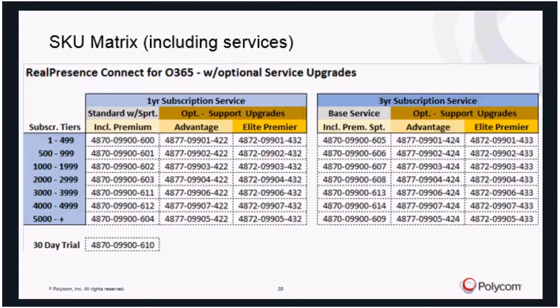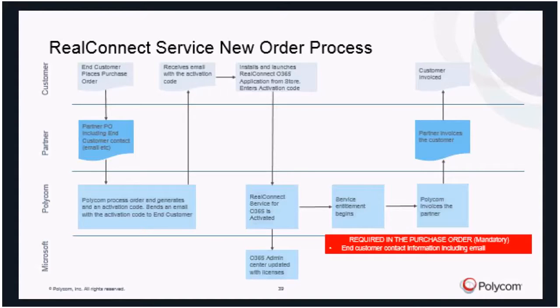Now let's talk about once you have got the order, what happens behind the scenes. So when you process the order to the distributor, you are going to have to include the end user customer name, contact name, email, and that's the global Office 365 IT admin email that we need.